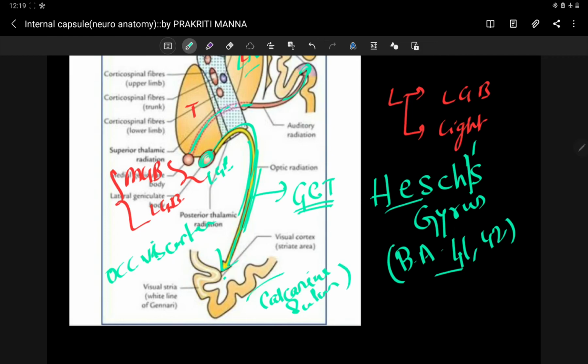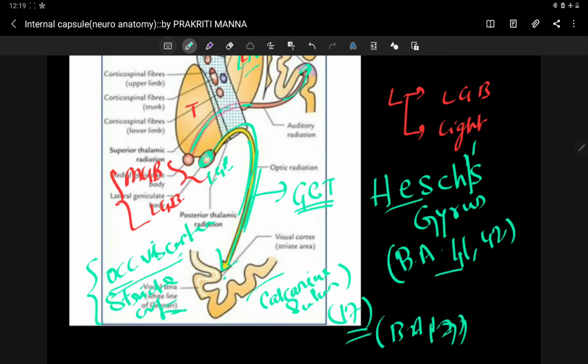You can see this cortex, your occipital visual cortex, is also called the striate cortex. Why? Because some striations are seen here. These striations, called the striations of Gennari, are present here in the occipital visual cortex. That's why this is called the striate cortex, and this is Brodmann area 17, primary visual cortex.